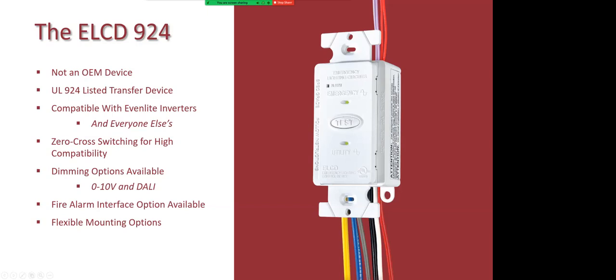We are doing that same type of thing in our transfer device. We are using zero cross switching. The reason is it allows for compatibility with all of today's LED fixtures. So that really is the main factor why I say we are superior in design. And that's because we are employing zero cross switching to allow for that high compatibility.